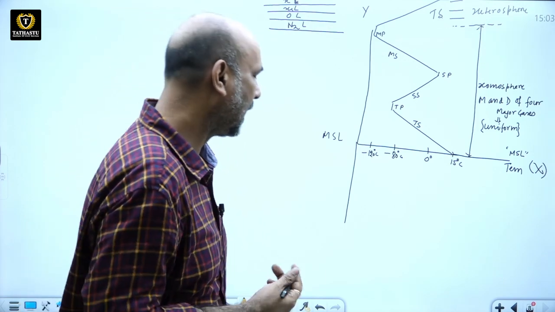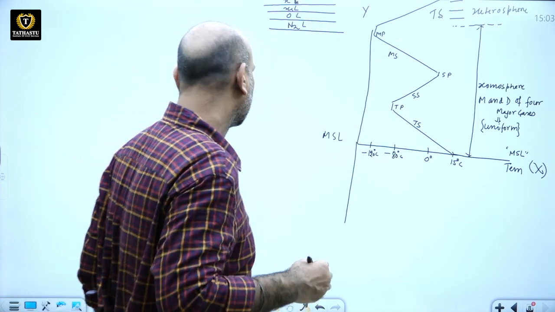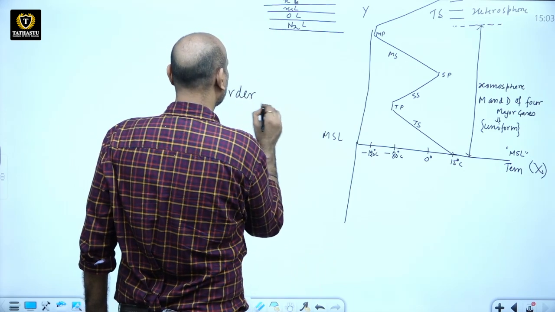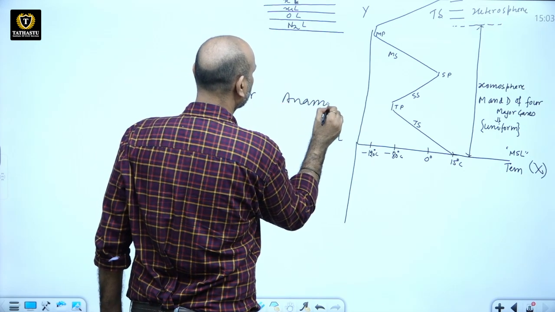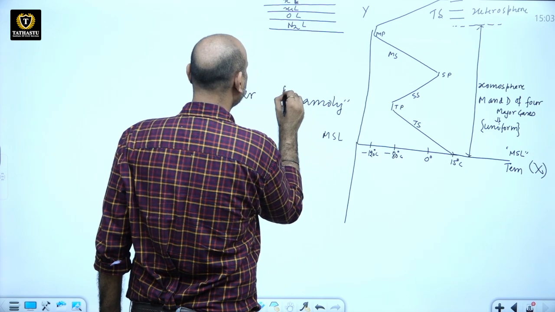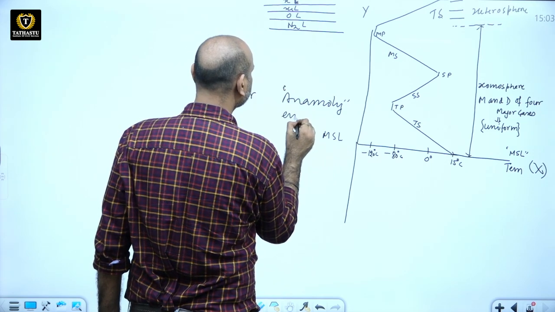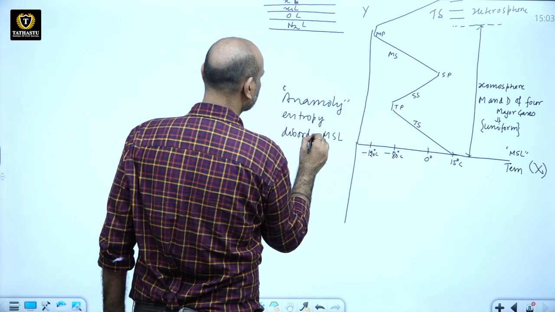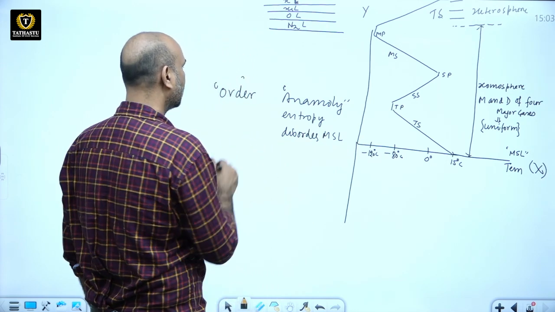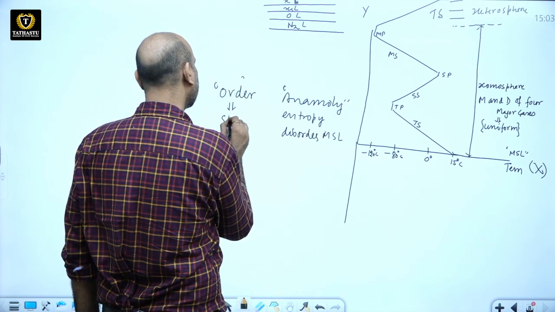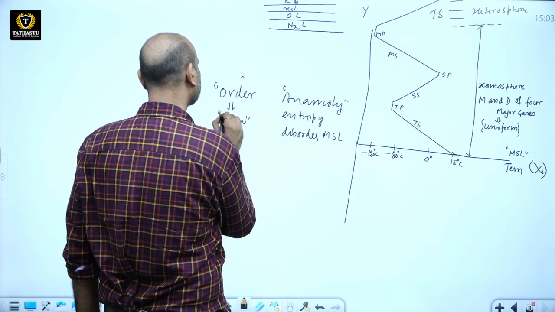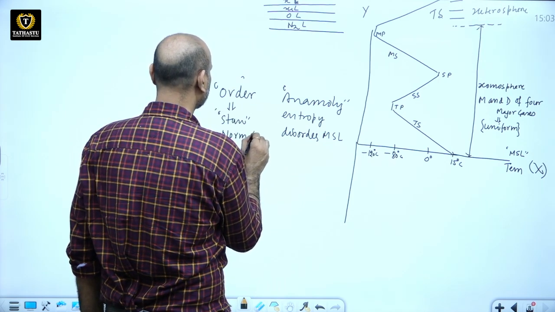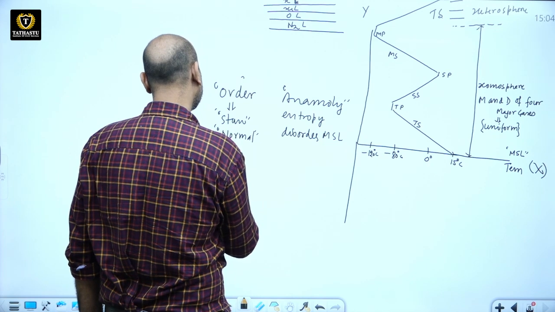So what is our emphasis? To understand the order as well as to understand the anomaly, entropy, disorder. Order is something which is standardized, something which is normal, something which is reference.